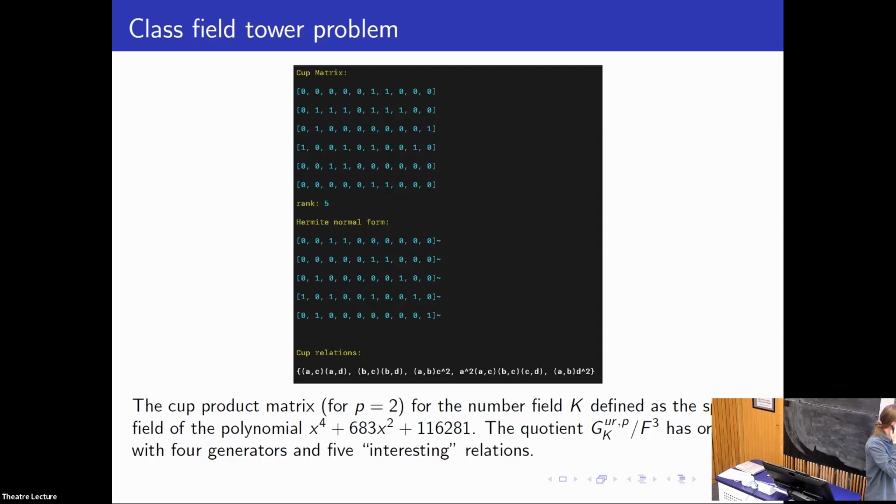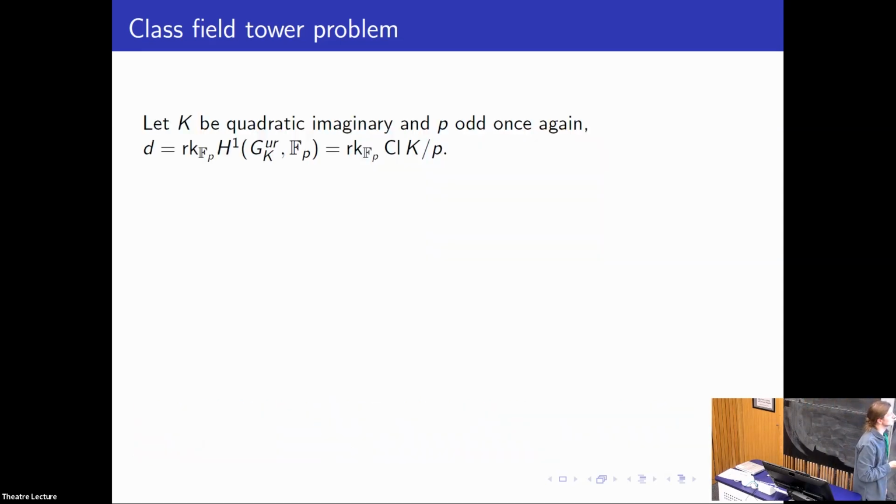Here we have some cup product matrix that you can associate to K, with splitting field for this polynomial. If you then do the calculation for the cup product matrix, you can see that this quotient will be a group of order 2 to the power of 9, and this will be the interesting relations occurring in the group. But this is something you can see as a small side.